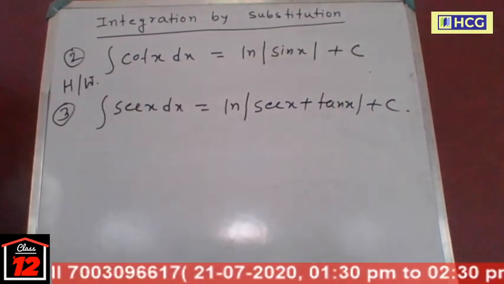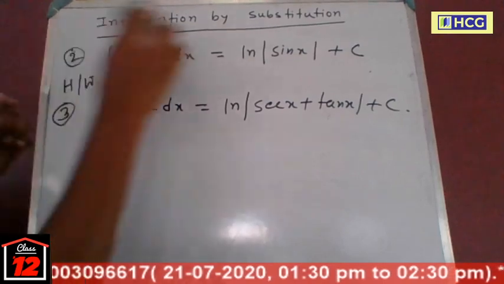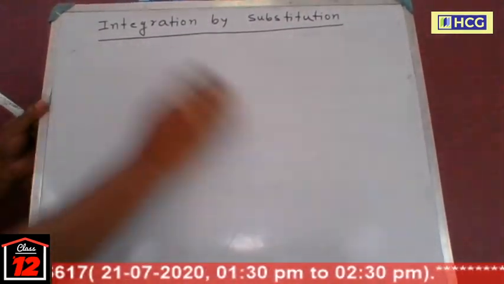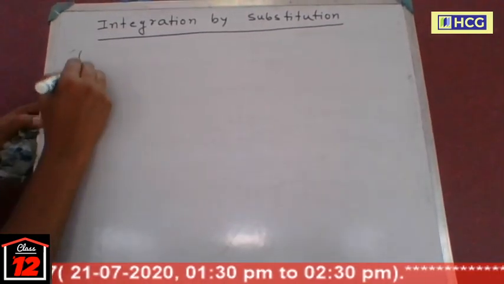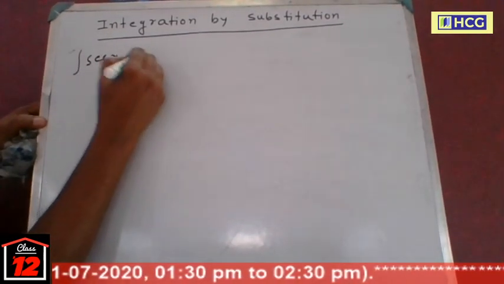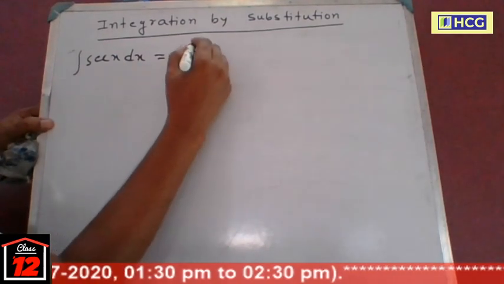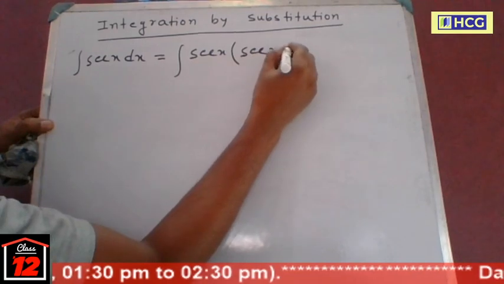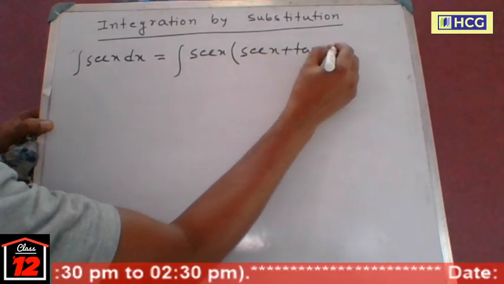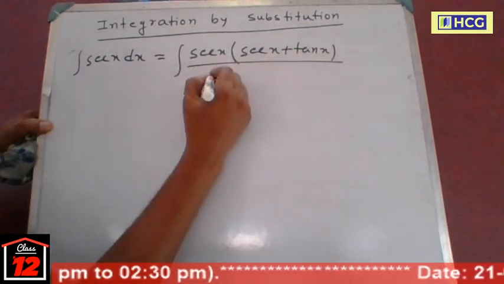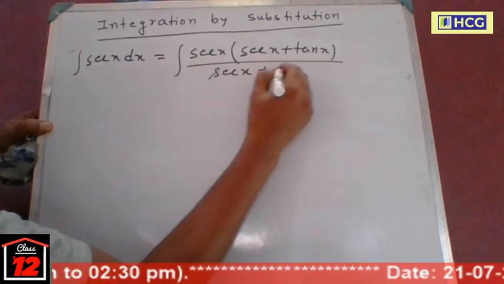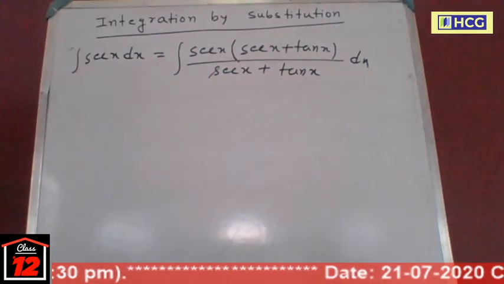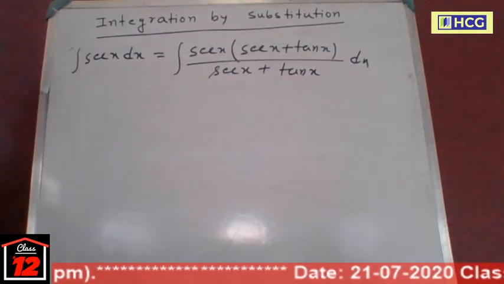At first, integration sec x dx equals integration sec x into sec x plus tan x over sec x plus tan x dx. Numerator and denominator are multiplied by sec x plus tan x.